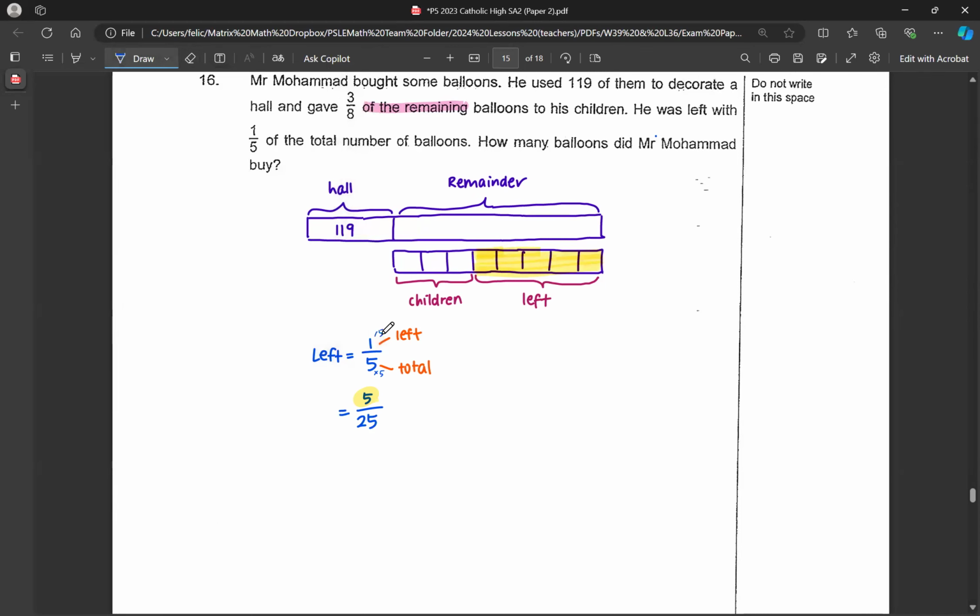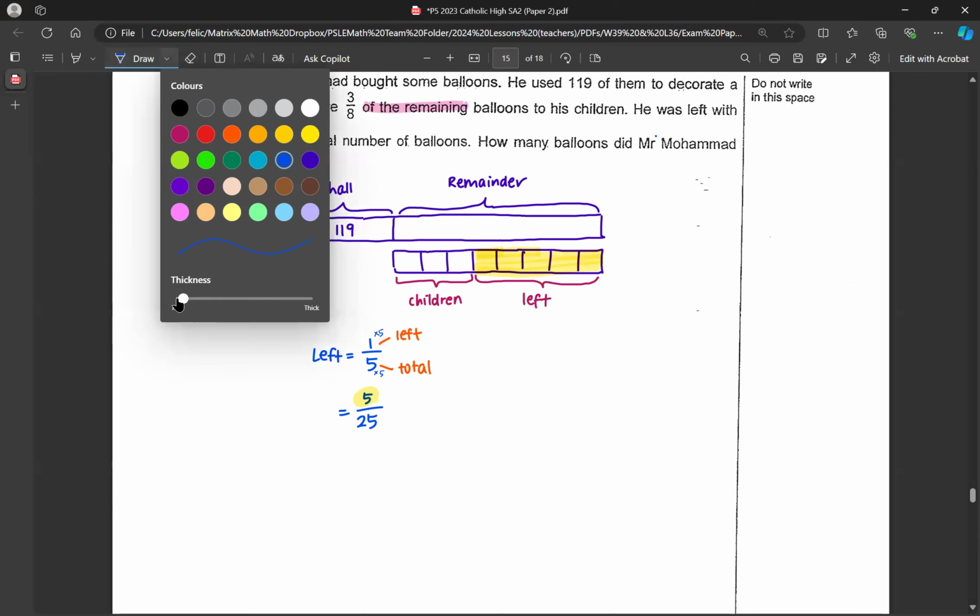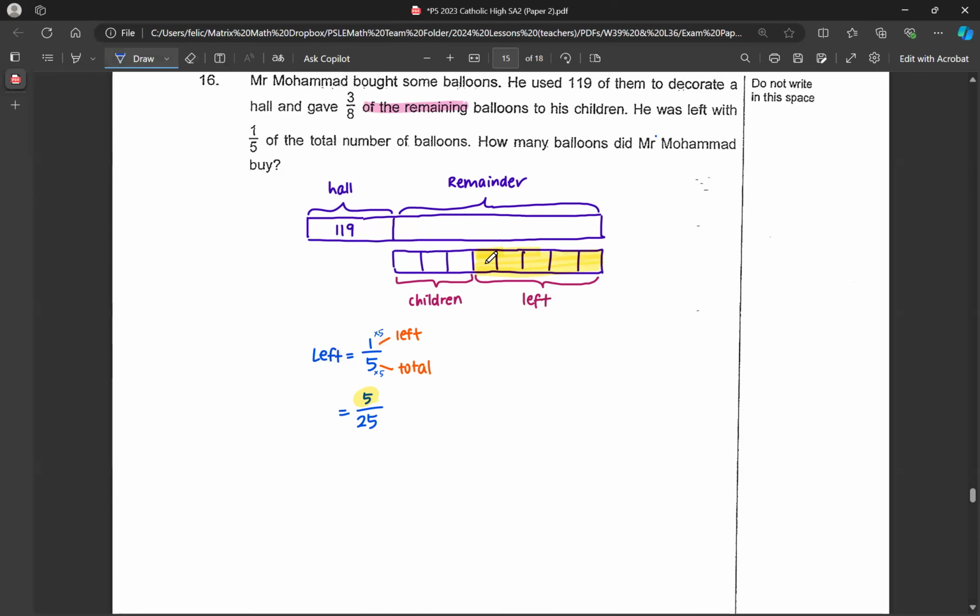Let me clean up something first. I hope you can see what's going on. The 5 units left and the 5 from the numerator now represent the same left, which also means 25 units is now my new total.